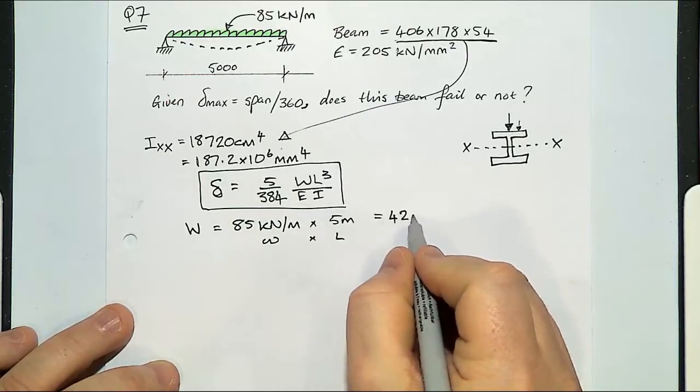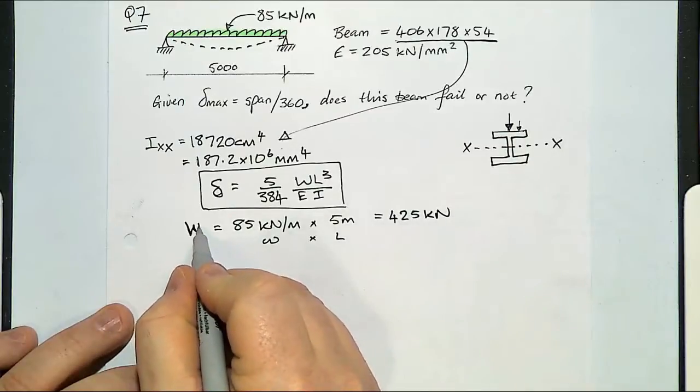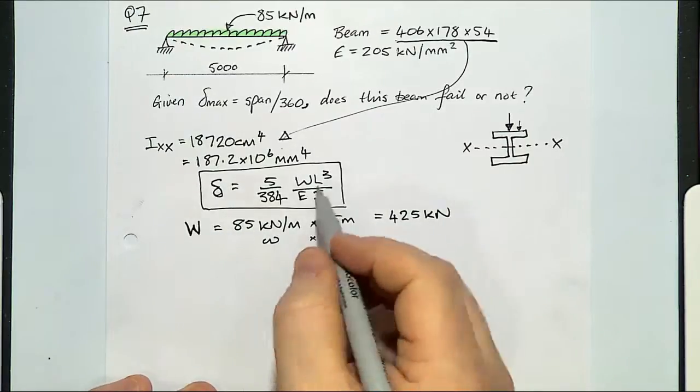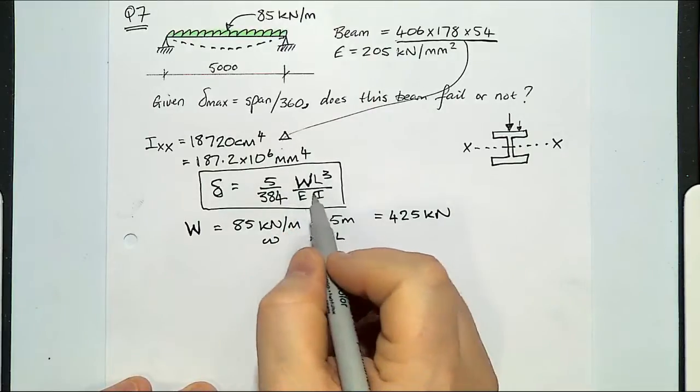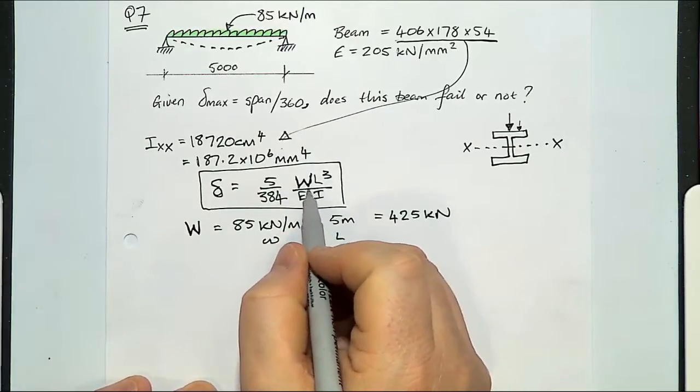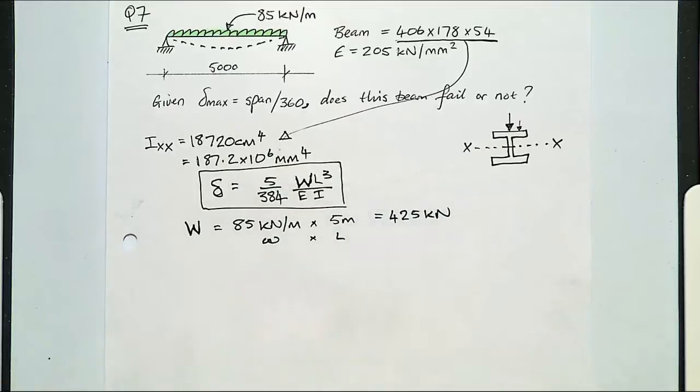That gives us 425 kilonewtons. So that's our capital W. Remember last week that we were looking at, depending on which chart you look at, these formulas can either contain a capital W, which is your total load, or a small w, which represents the UDL. And make sure that you apply the correct one.